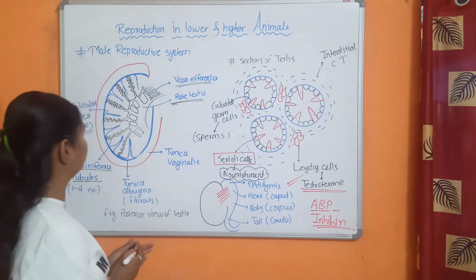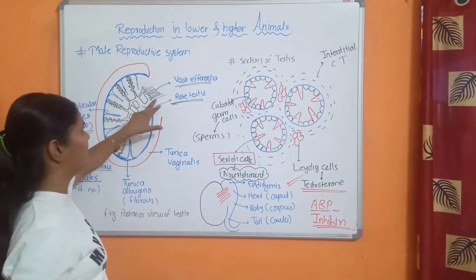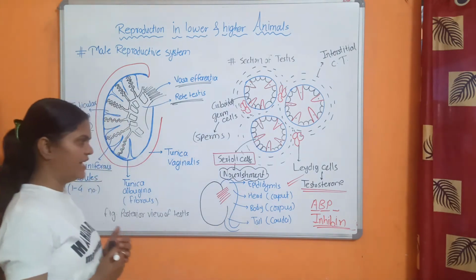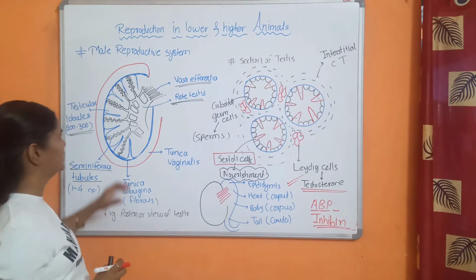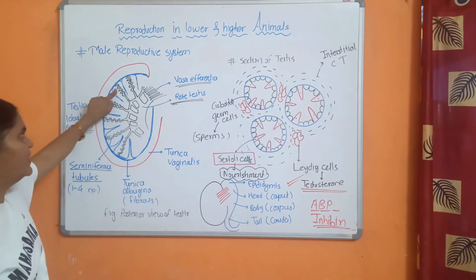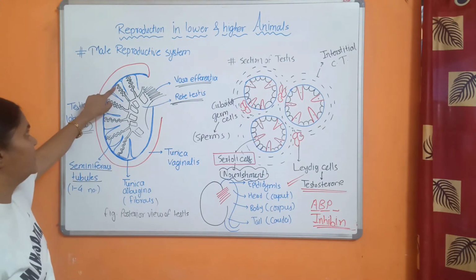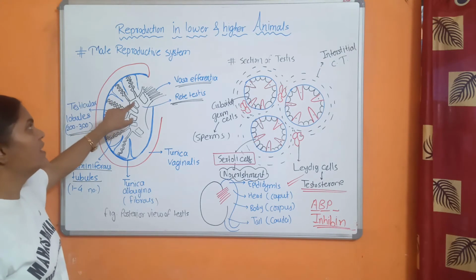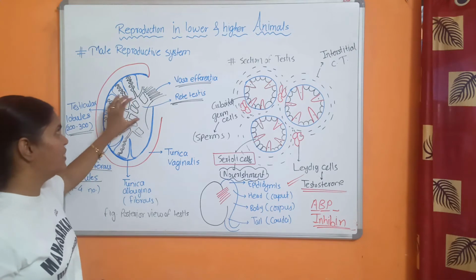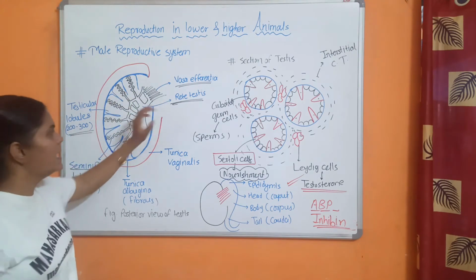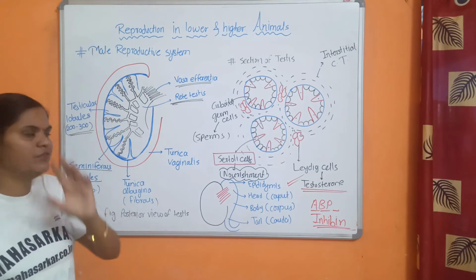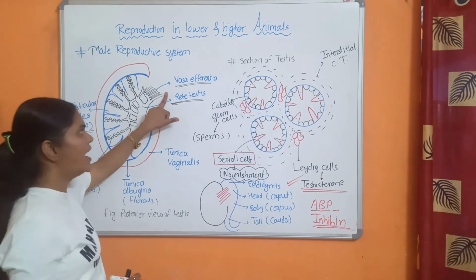Now we see the epididymis. From the vas efferens, the next structure is the epididymis. Seminiferous tubules are blind at one end, but they straighten and form the rete testis, a network of tubules, and from the rete testis 10 to 12 tubes are formed, called vasa efferentia.